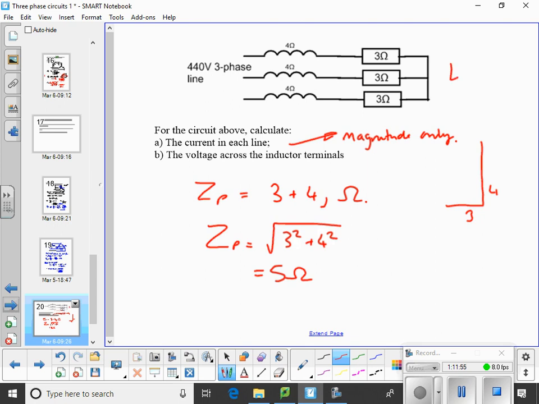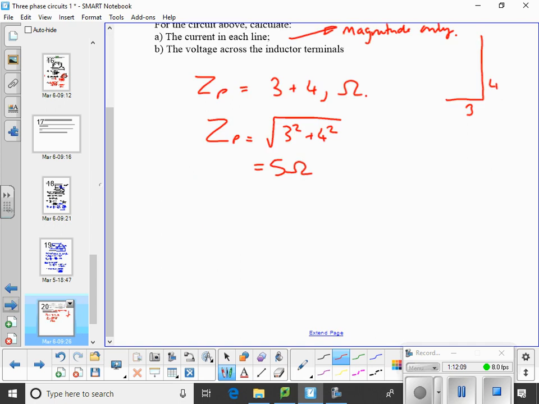And you remember we've been given EL, the line voltage, 440 volts. So I phase is equal to E phase over Z phase by Ohm's law.